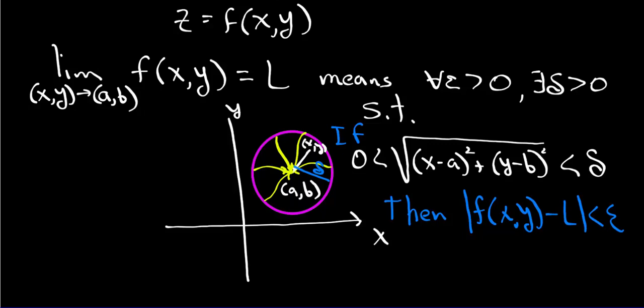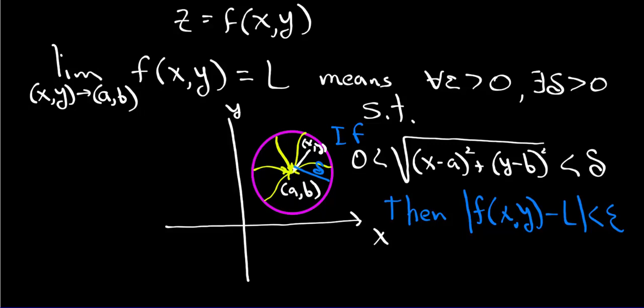In other words, no matter what epsilon neighborhood I choose for z, no matter how I box in z, I can go down on the xy plane and find a circle of radius delta, and every point in that circle will give me a point up there within the epsilon neighborhood. Y'all see that? Okay. Any questions about that?